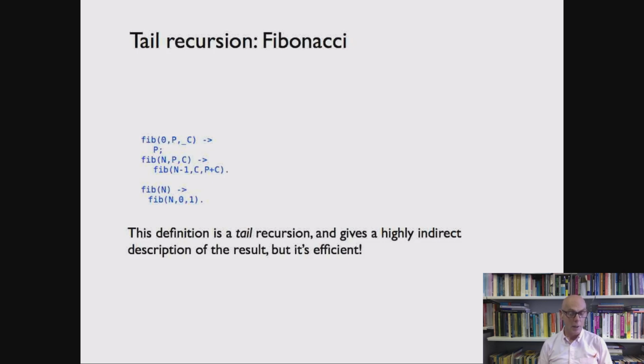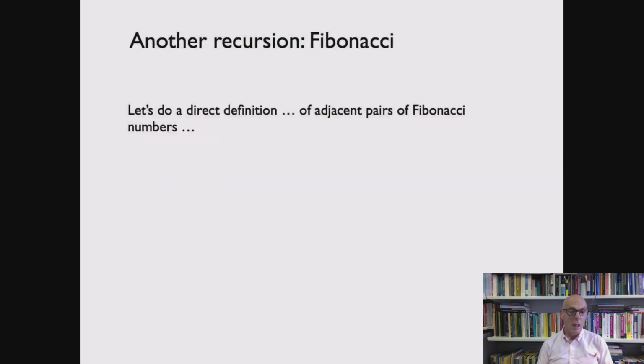And if we count down the appropriate number of times, we get the Fibonacci numbers coming in those accumulating parameters. But let's see if we can do it a different way. Can we do a direct definition that will have the same efficiency as our tail recursion, but will be more directly defining the Fibonacci sequence?